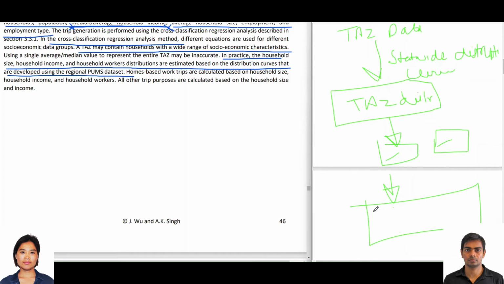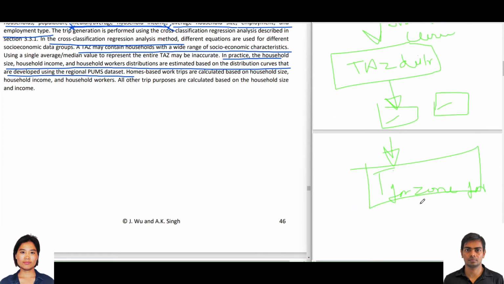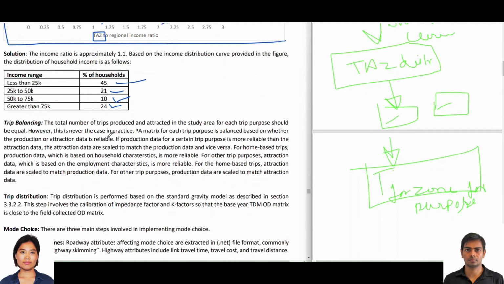So in the end, we get trip totals for each zone and each trip purpose. We're still calculating for each zone and each purpose at this stage. This is how trip generation works in practice.